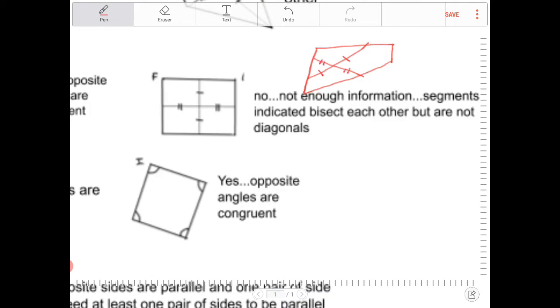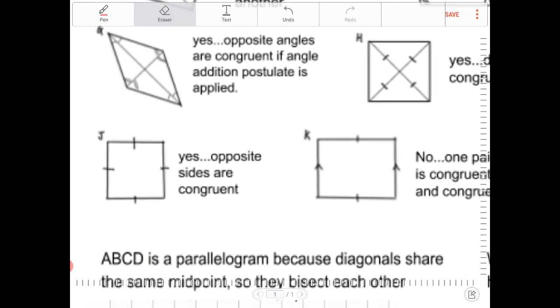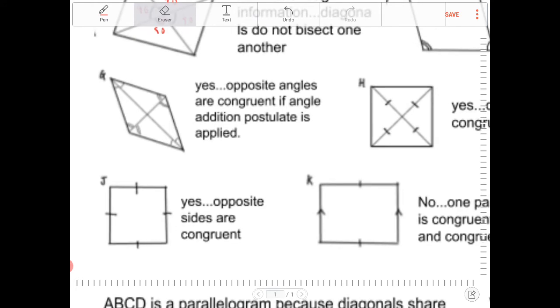So you can see what I mean by that now. Even though what I'm doing here in red is an exaggerated version of F, theoretically that's what could have been. Okay, so moving on.